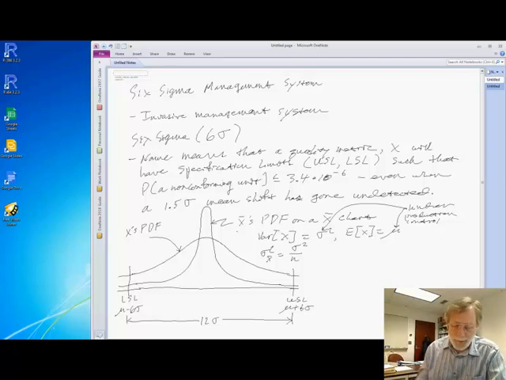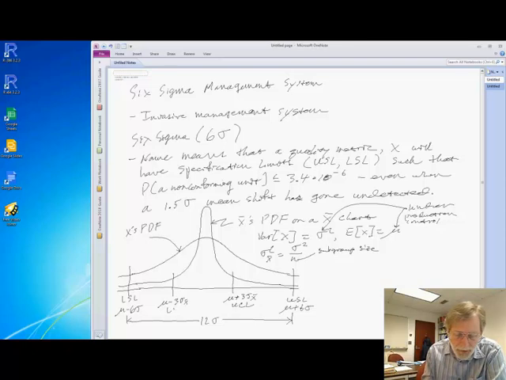I mean subgroup size. In here are our control limits. So this is the upper control limit, and this is the lower control limit.